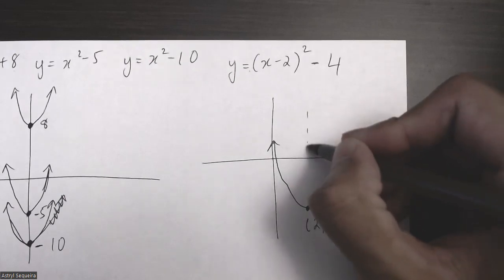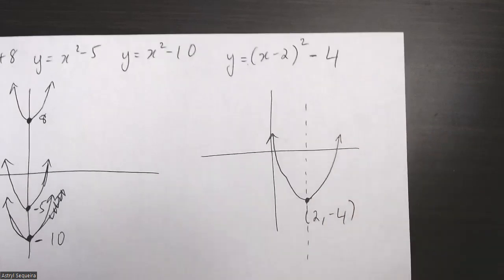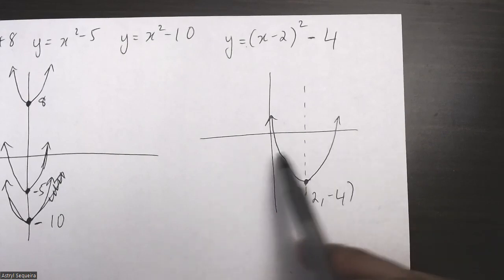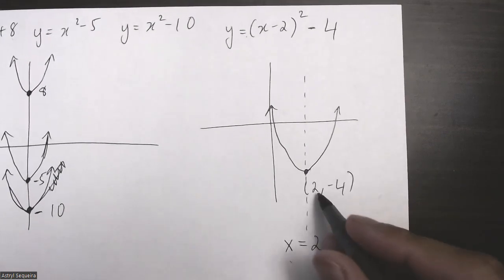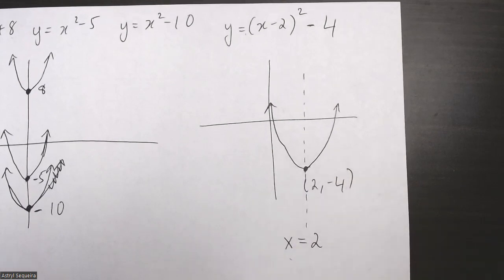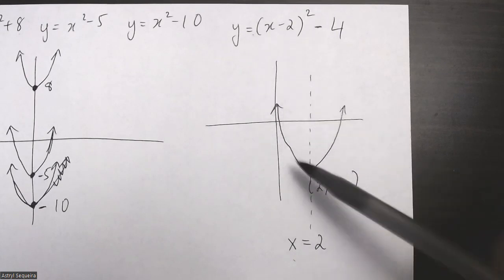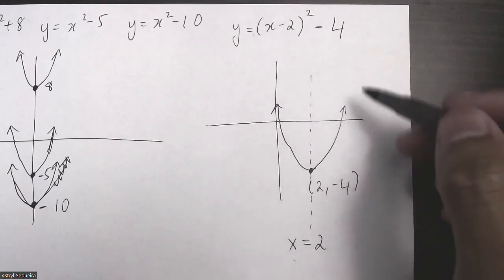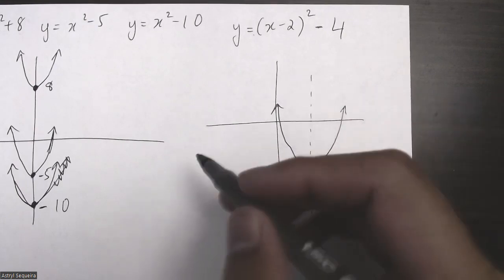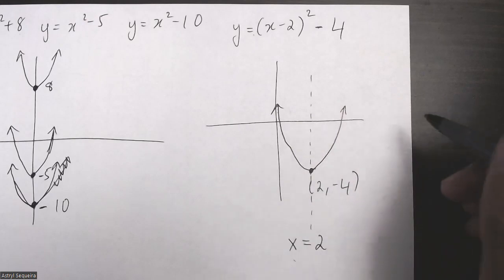And then that's my axis of symmetry right there. Basically, it's symmetrical about that axis, and it's going to be x equals 2, just the x value of your vertex. This graph has no stretch or compression. Like I mentioned, the direction of opening is up, and for the values that x can take, x can take any value because this goes to the left forever and this goes to the right forever.